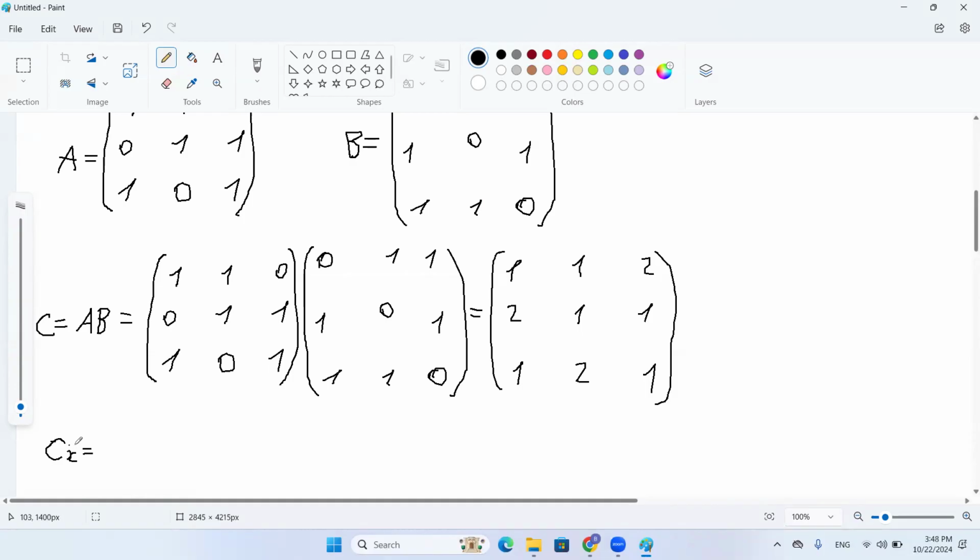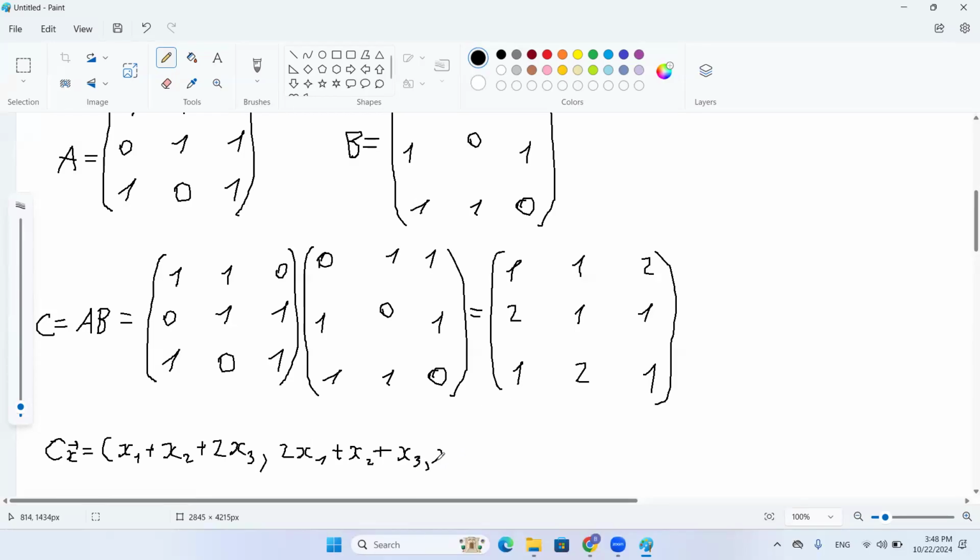So Cx has the next explicit form. x1 plus x2 plus 2x3. 2x1 plus x2 plus x3.